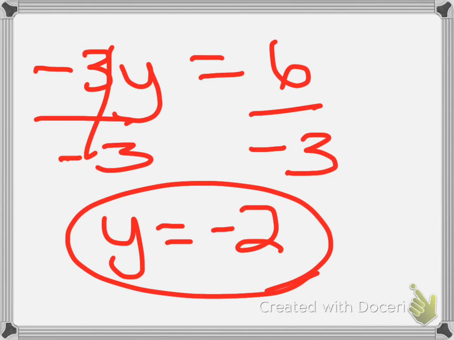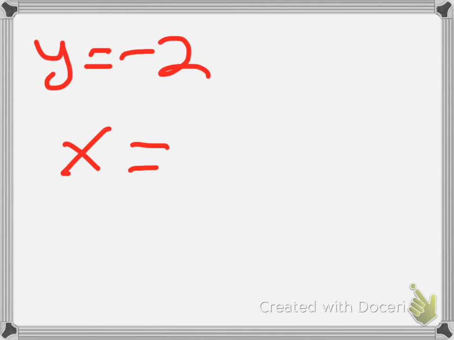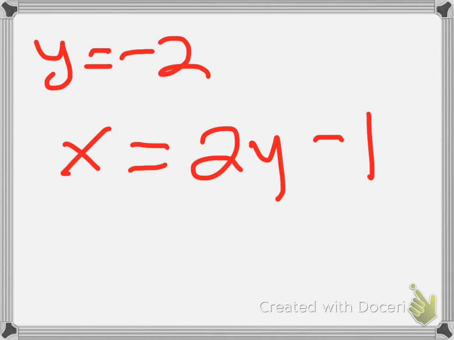That's not what I'm wondering, though. I'm wondering where do they cross when they're graphed. So I need an x and a y. I'm sorry, when I say where do they cross, where do they intersect? So now I take that y is equal to negative 2, and I'm going to plug it into the second equation on number 36, this one here. You can do the other one too, but this one's just easier because x is already solved for.